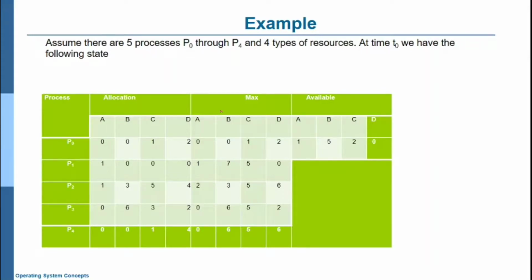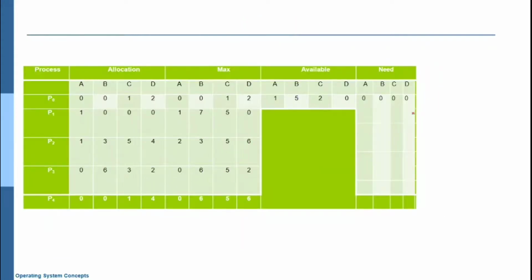This is one more problem at time T0. Of course, we have solved this problem in the previous examples. We have the need algorithm and need table. You can go through that in the previous slide.